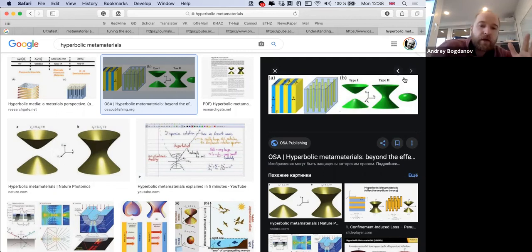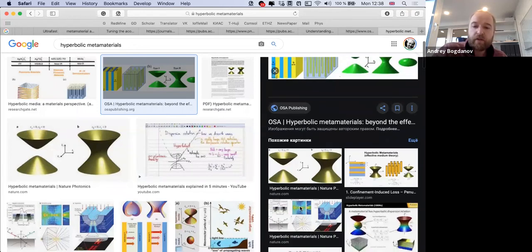But anyway, in a perfect hyperbolic metamaterial, you can have arbitrarily high wave numbers. So it means that you can have a very short wavelength at some frequency. It's a way to have some super resolution.